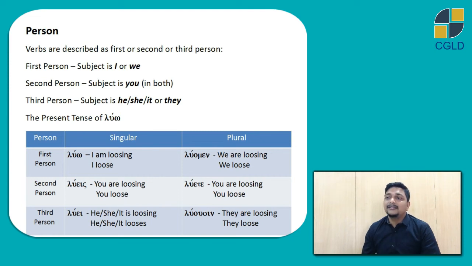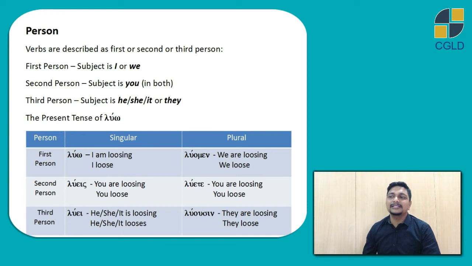But in first person plural, it will appear as luomen, which means we are losing or we lose. In second person, the word luo will appear as lueis, which means you are losing or you lose. In second person plural, it will appear as luete, which means again you are losing or you lose.